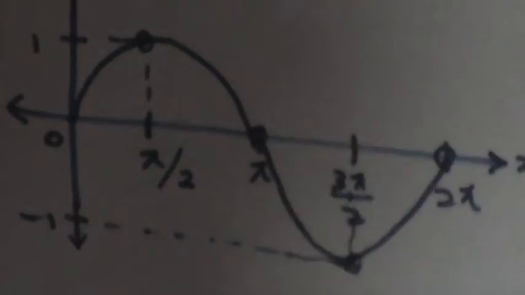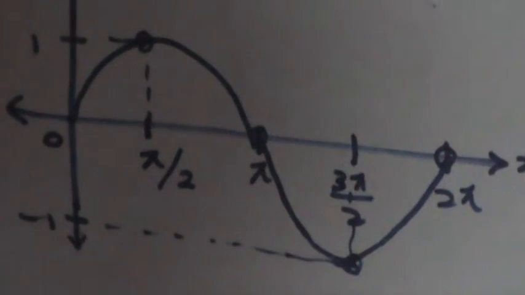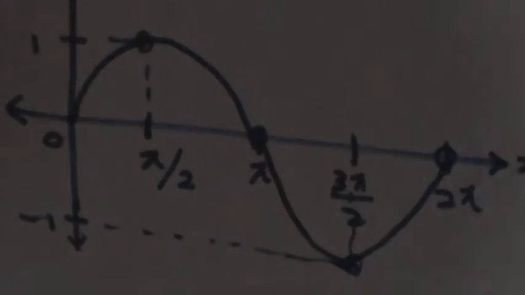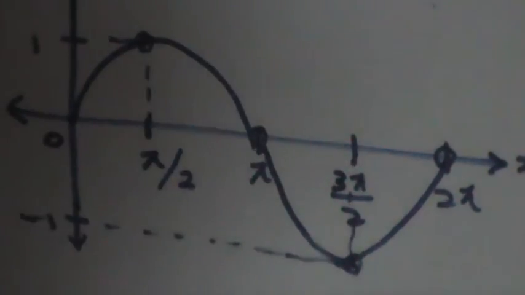To understand and to draw those graphs, first of all you need to know what is known as the period and the amplitude. Now I told you about the period and the amplitude of a general graph, a general wave.